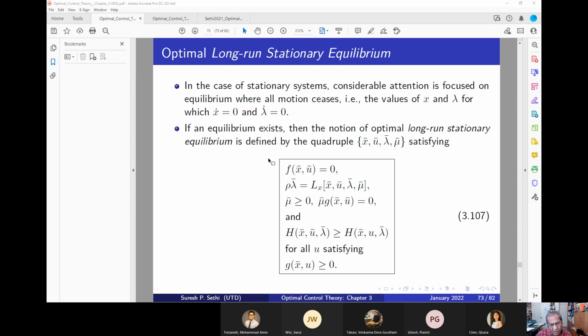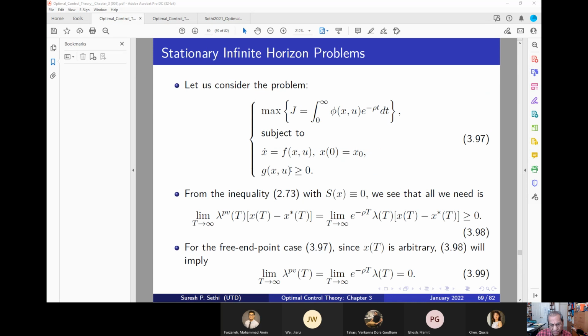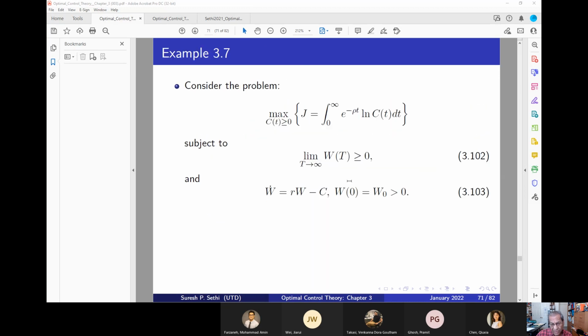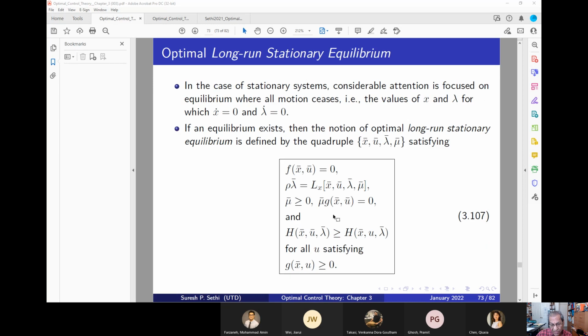But in economics, no economics book that I know has this condition. They just have these three. Arrow and Kurz's book that I grew up with, one of the economics books on optimal control theory that was around a long time ago, only has this condition without that condition, and then they define the optimal long-run stationary equilibrium as a triple, because you don't need a mu bar.